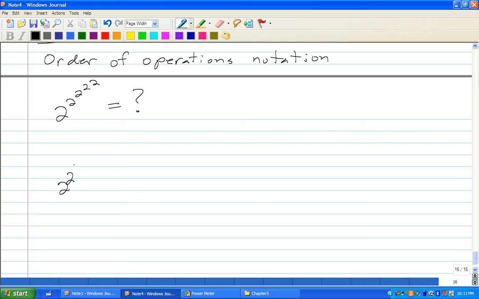Whenever you evaluate these towers of exponents, you start at the top, and so this is the same as 2 squared, and then you raise that to the power 2.